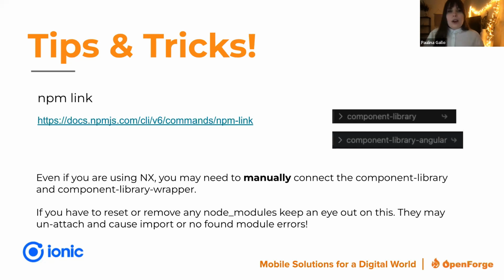And you can have it automatically do that with NX, but in our circumstance, we ended up having to manually run npm link to link the stencil components to the stencil wrapper, then link the stencil wrapper to the project, and then link stencil components to the project. It became a little bit repetitive, but once we had that locked down, it was pretty seamless.